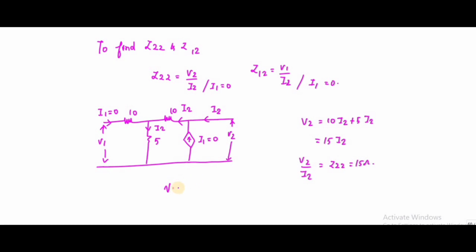Next, what is V1? V1 is equal to 0 into 10 plus 5 I2, right? So V1 by I2, that is Z12, is equal to 5.